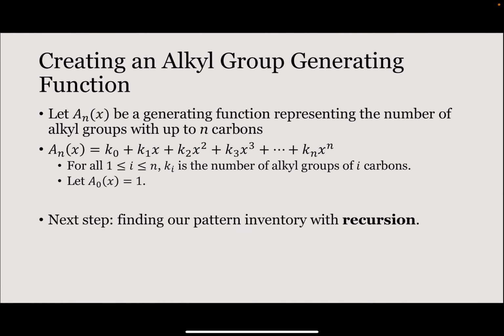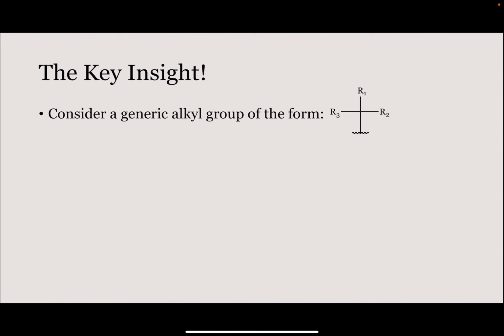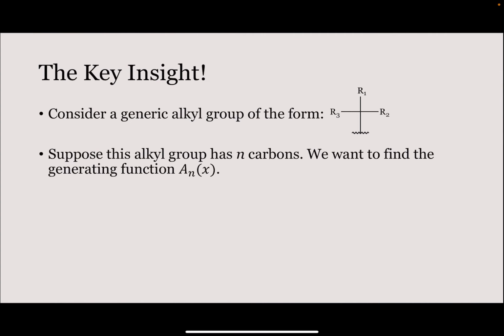The next step is we're going to be finding our pattern inventory using a recursive technique. Here is the key insight for this alkyl group. So let's say we have this form over here. We try to find an alkyl group with n carbons, and we're going to let this generic case here have n carbons.